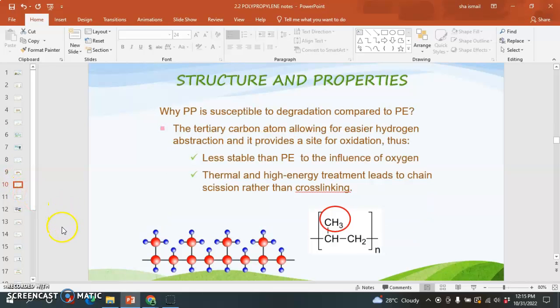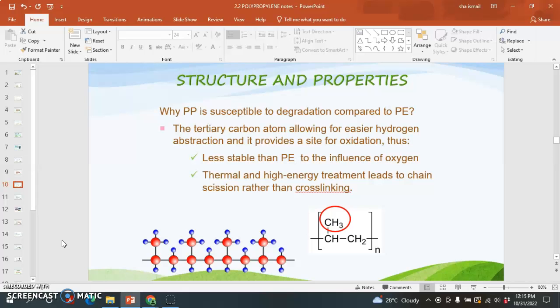Okay, structure and properties. Why is PP susceptible to degradation compared to PE? Okay, so dia punya disadvantages of PP compared to PE, dia senang untuk degrade under the environment, or oxidative cleavage. Oxidative cleavage lah.